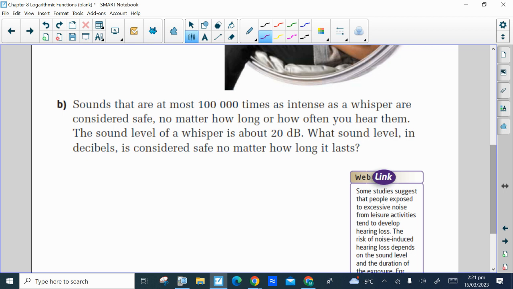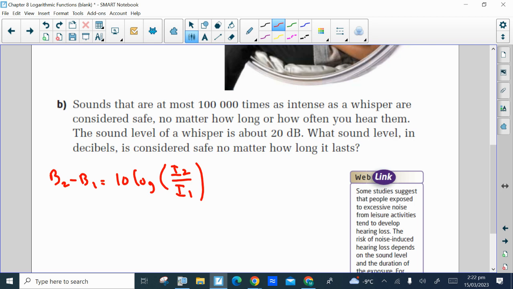So the formula that we developed on the previous page was that B sub 2 minus B sub 1 equaled 10 times the log of I sub 2 over I sub 1. That is the formula that we developed on the previous question. Right?